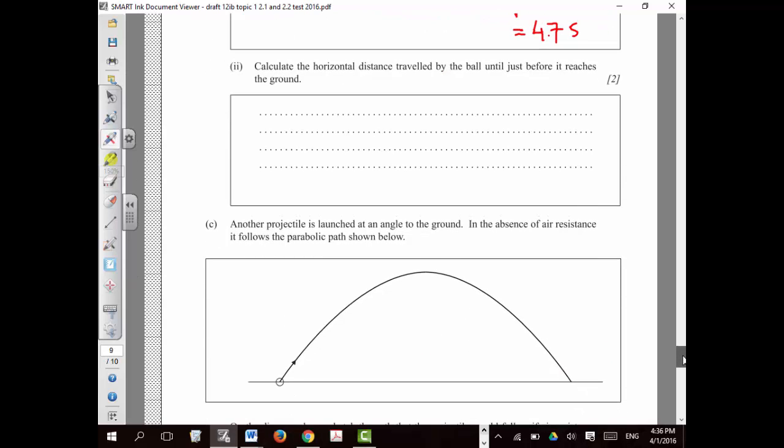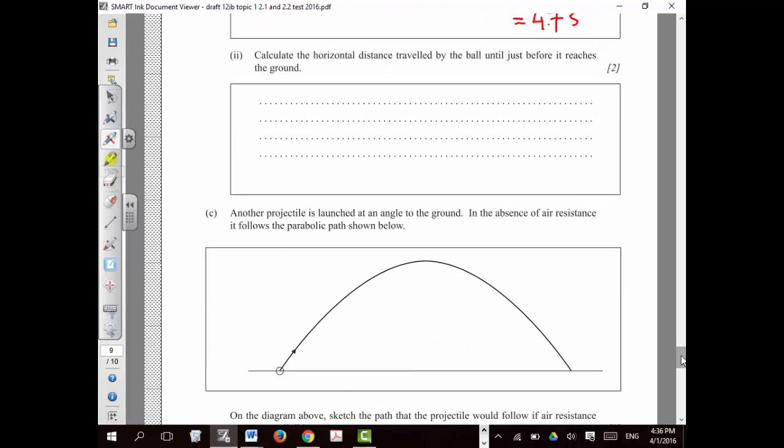Calculate the horizontal distance traveled by the ball until just before it reaches the ground. Okay, now that we know the time that it's in the air, we can do this quite easily. So time is 4.7 seconds. The horizontal speed, we were told, was 5 meters per second. Oh, whoops, what am I doing? Let me just fix this. We're wanting to find S, how far it goes horizontally.